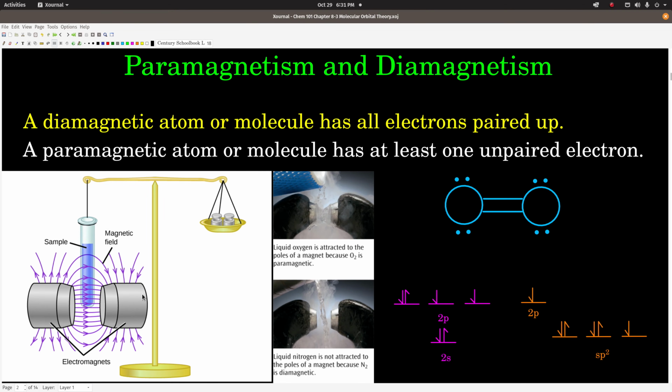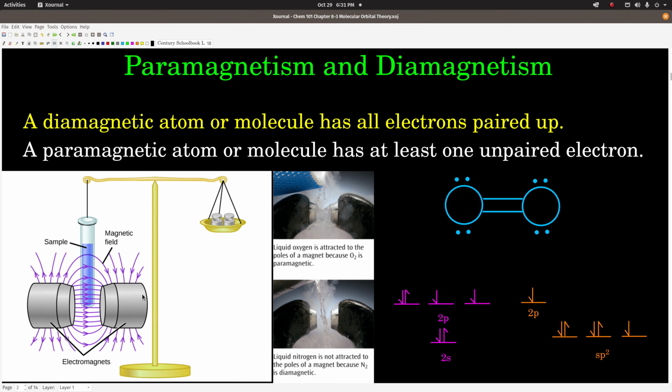So if you have two electrons that are spinning in opposite directions in the same orbital, that effect cancels out and there is no net magnetic field. But if you have an unpaired electron, there is a net magnetic field because there's nothing to cancel out that magnetic field created by that, quote, spinning electron.